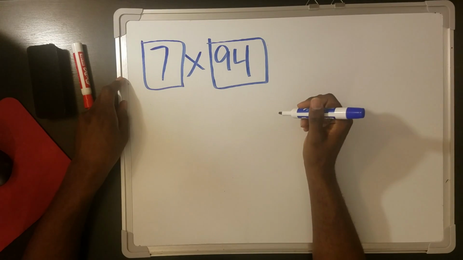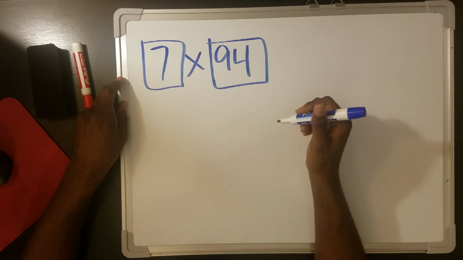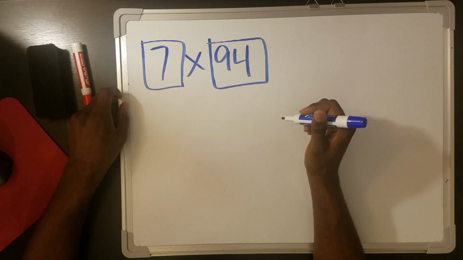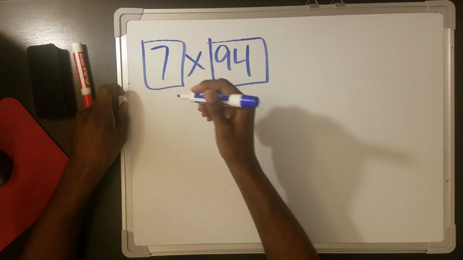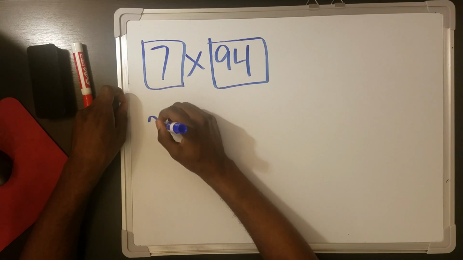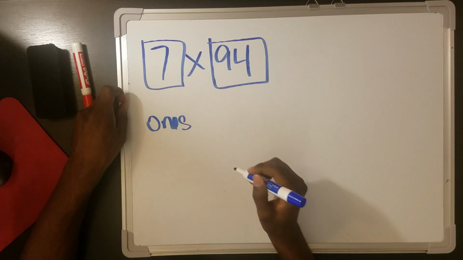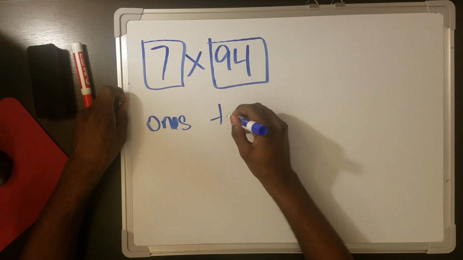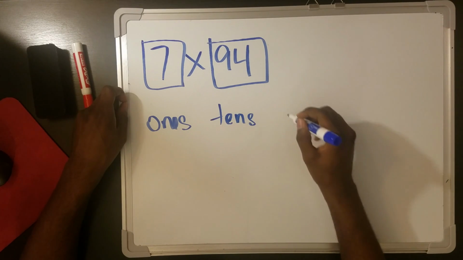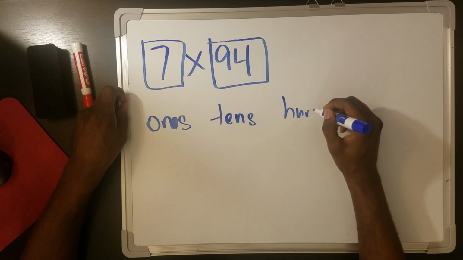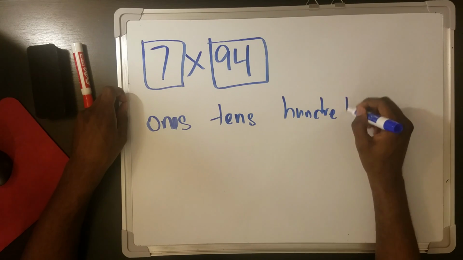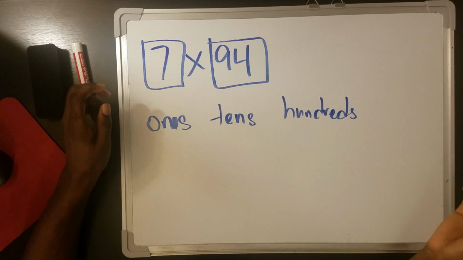So, 7 times 94. What Common Core would have you do first is identify the places of each number. What I mean by that is we have the ones place of each number, we have the tens place of each number, we have the hundreds place of each number, and so forth.